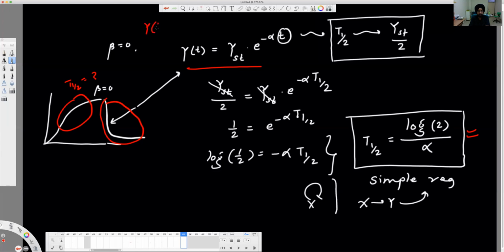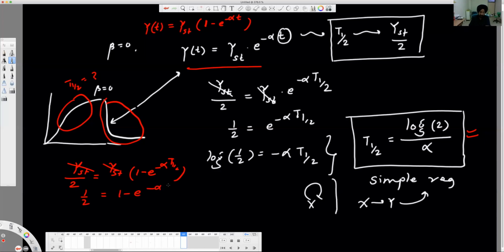So your Y(t) for accumulation would become YST times (1 minus e to the minus alpha t). If you now solve this equation using the same approach, you again get the same thing. YST by 2 is equal to YST times (1 minus e to the minus alpha T half). So this is gone, this is half here, and 1 minus half is half, right?